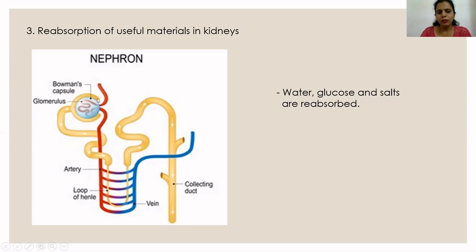Okay, and inside Bowman's capsule we have the bundle of blood vessels. And these blood vessels are also present around the loop of Henle. And this bundle of blood vessels is mainly blood capillaries.